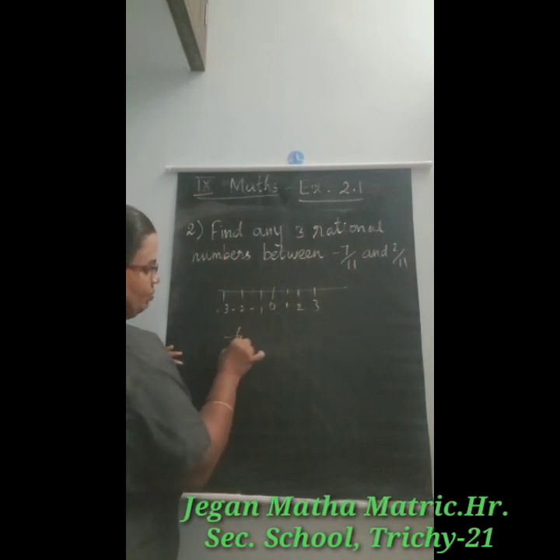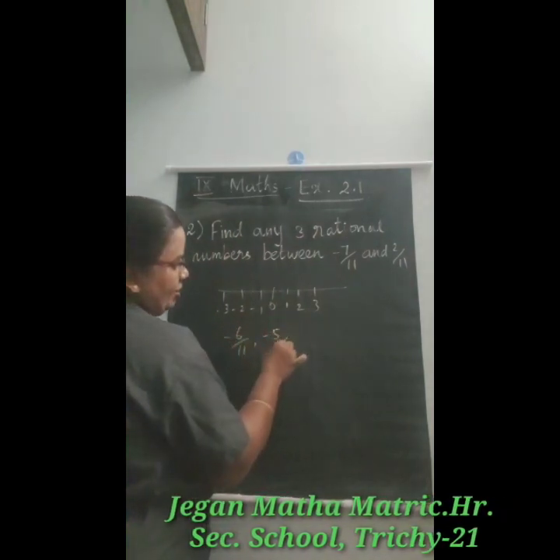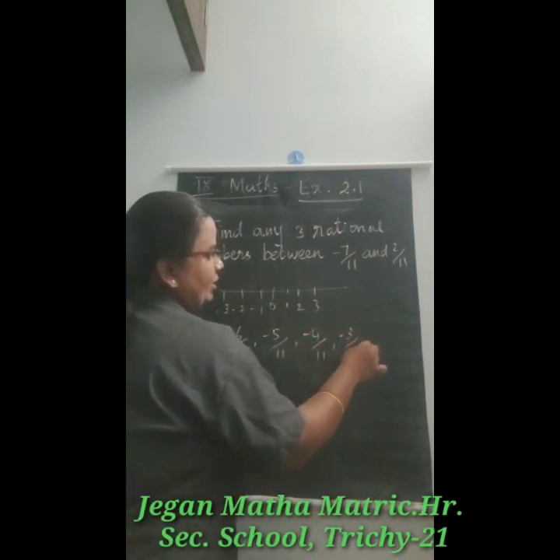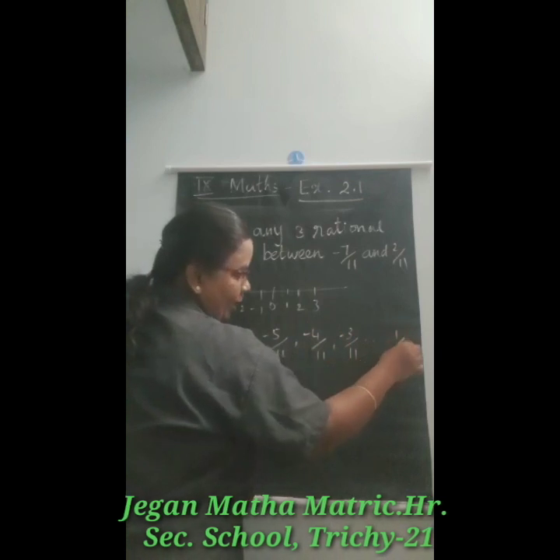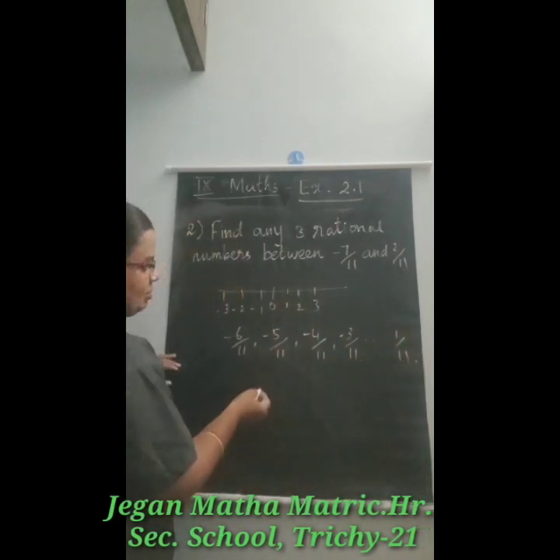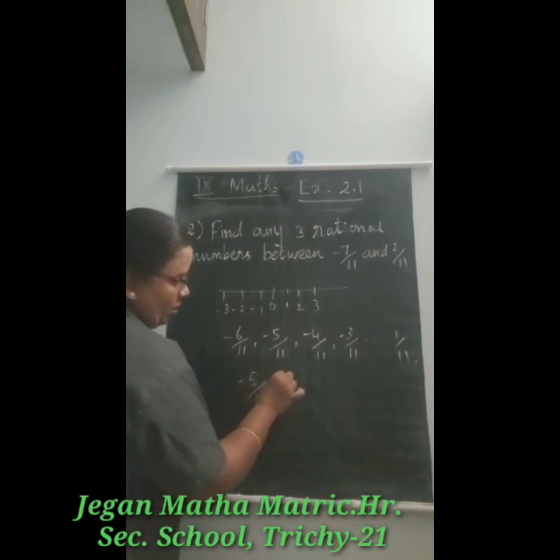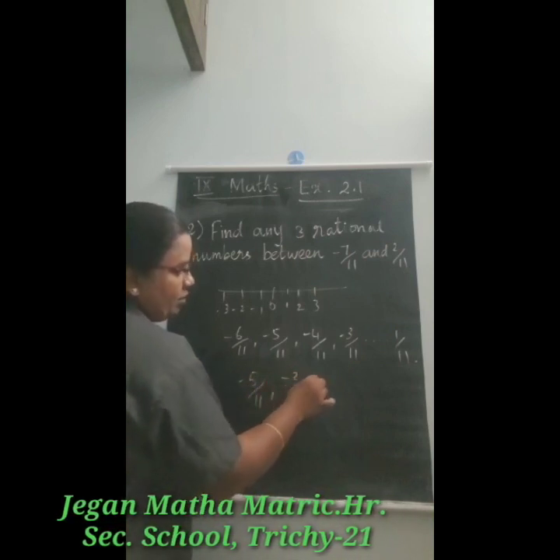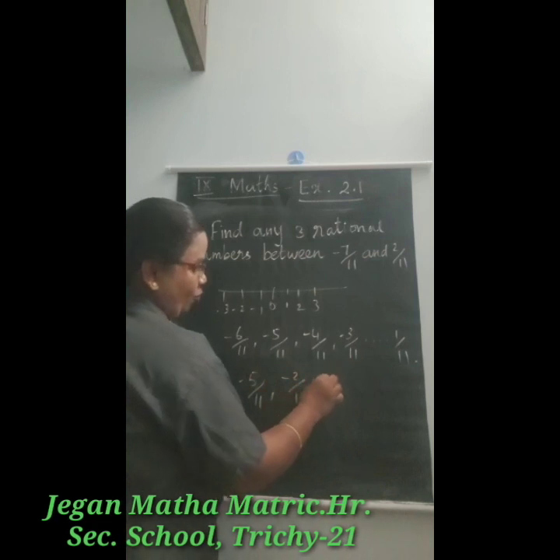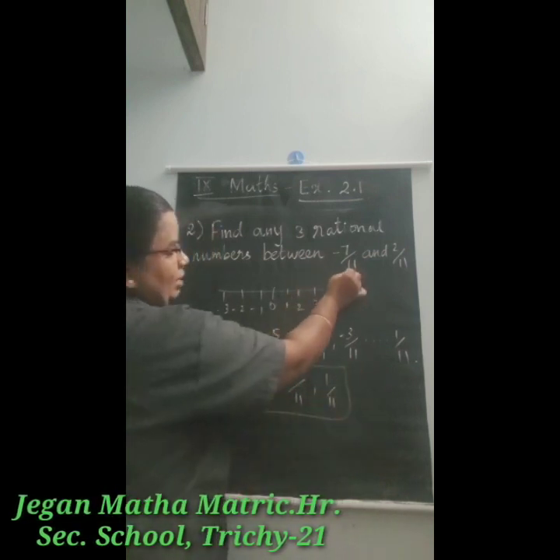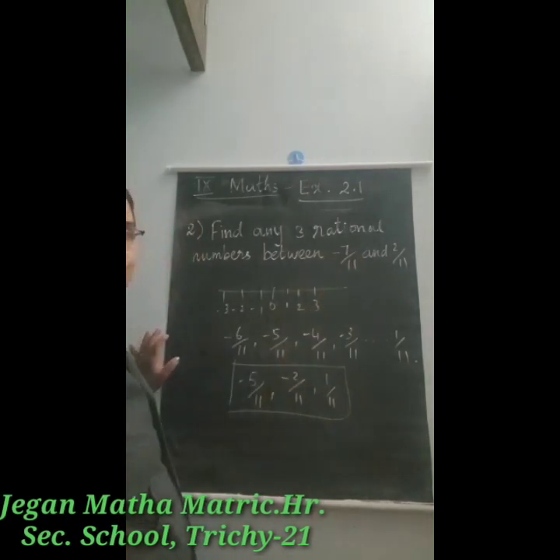So, minus 6 by 11, minus 5 by 11, minus 4 by 11, minus 3 by 11, up to etc. to 1 by 11. So, any three numbers means you have to take any three. Minus 5 by 11, minus 2 by 11, 1 by 11. These are the three rational numbers in between minus 7 by 11 and 2 by 11.